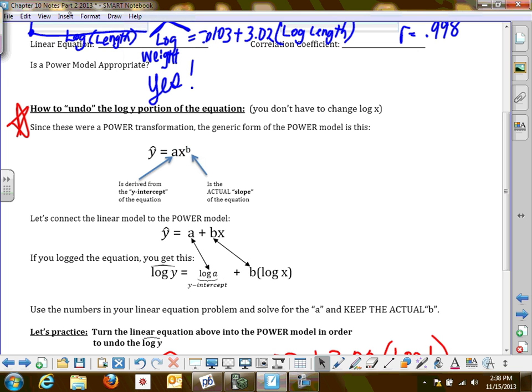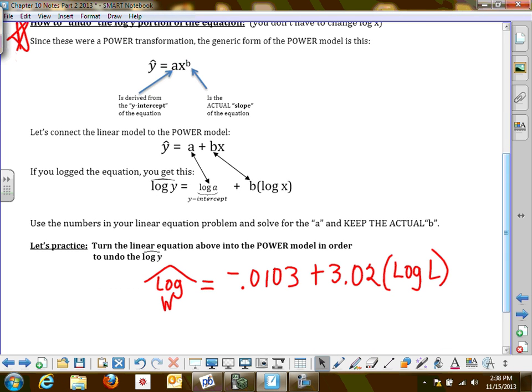Now, unfortunately, I made a mistake on this little piece right here. You have a squiggle, and you have a little B right here, and then you have a squiggle. Take that part out and put the big B here in front of your log X. Fix that on your notes. This is the back of the notes.